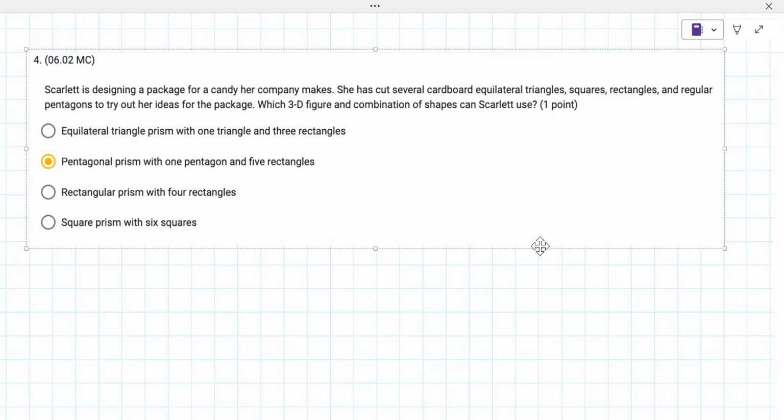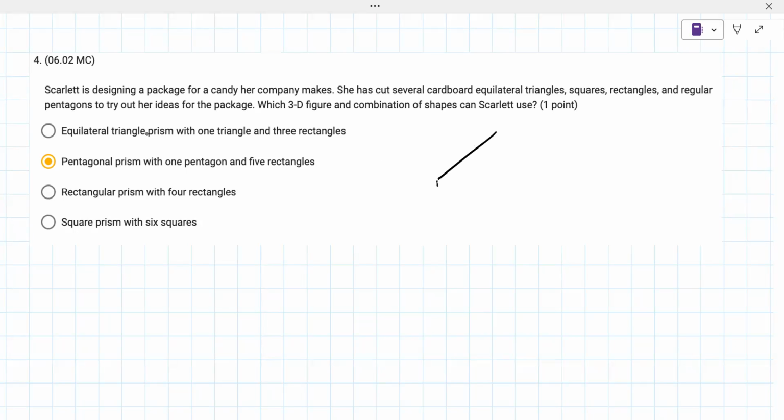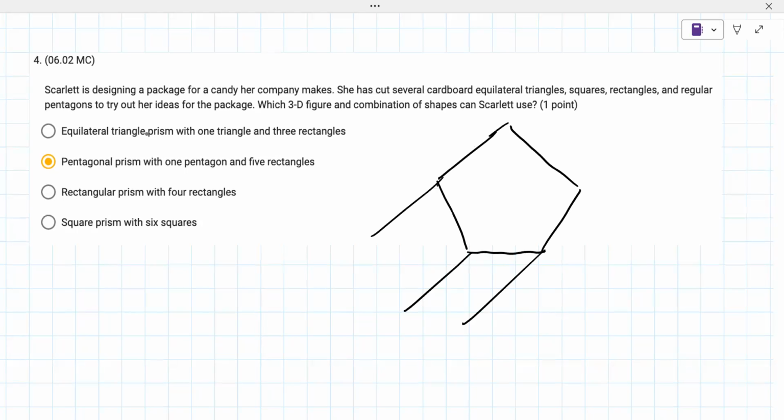Okay. I'm not quite sure I understand this, but let's go with the one you want. So it's a pentagonal prism. That's some sort of a pentagon, and then it's extended, and then 5 rectangles.